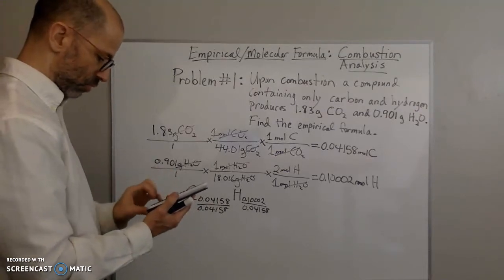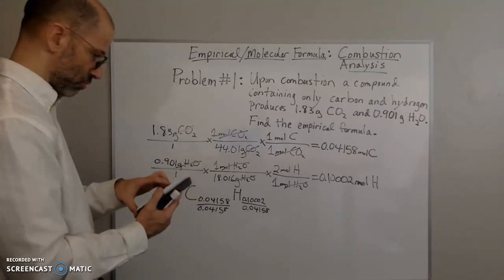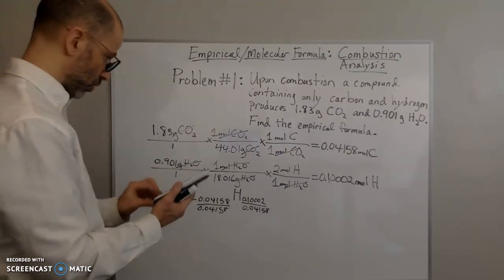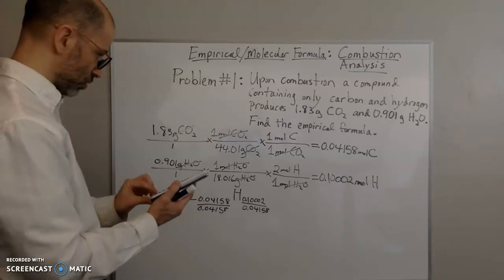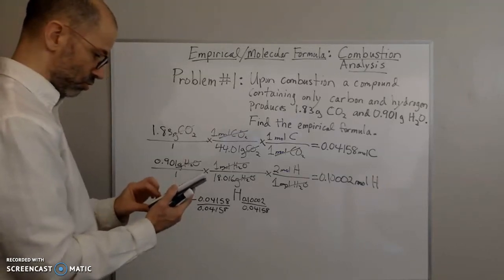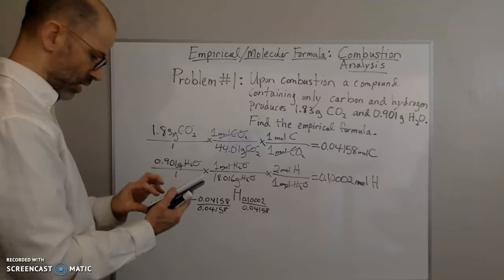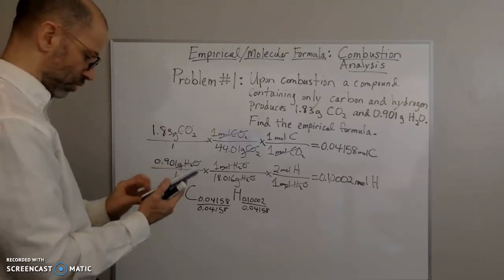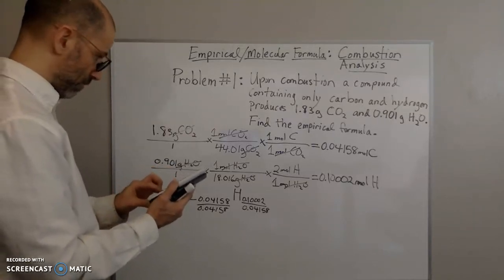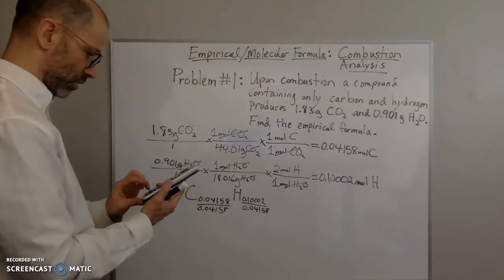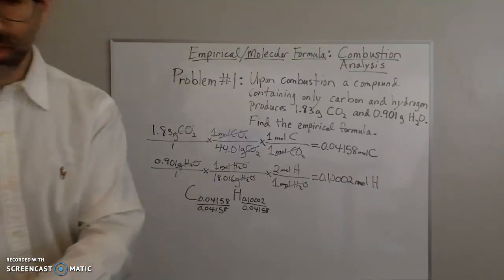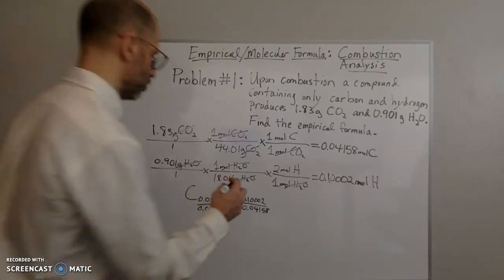Let me calculate that one more time just to make sure that is correct. 0.10002 divided by 0.04158 equals, yeah, so we get 2.40.